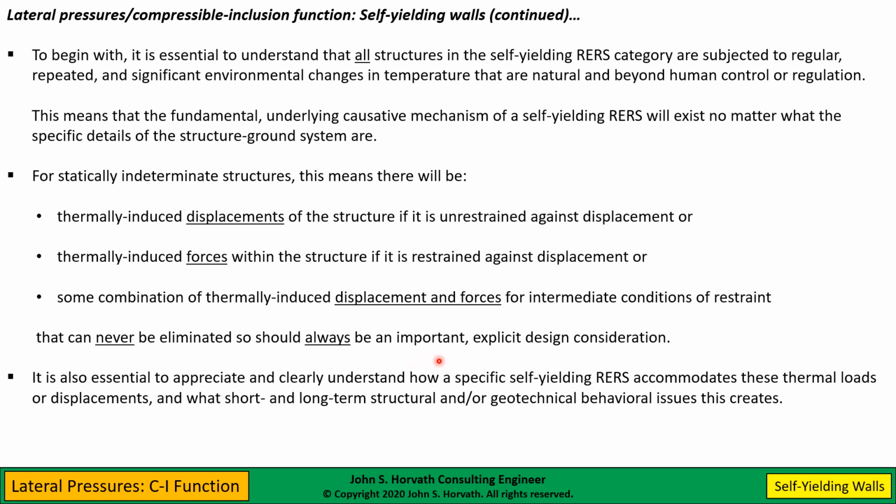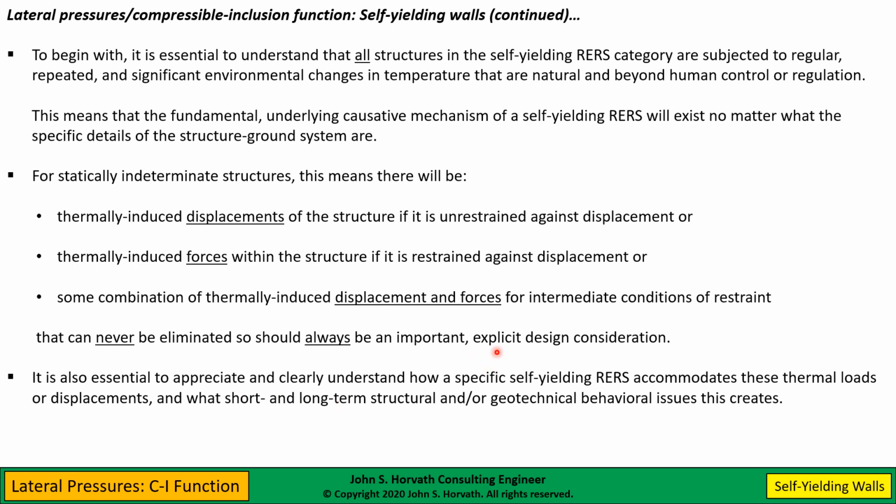It's also essential to appreciate and understand how a specific self-yielding rigid earth retaining structure accommodates these thermal loads or displacements, and what long and short-term structural and geotechnical behavior issues this creates. So it's important to understand that we can have both structural and geotechnical issues, and these issues can occur in the short term or the long term.